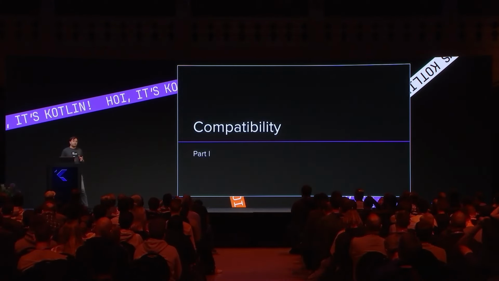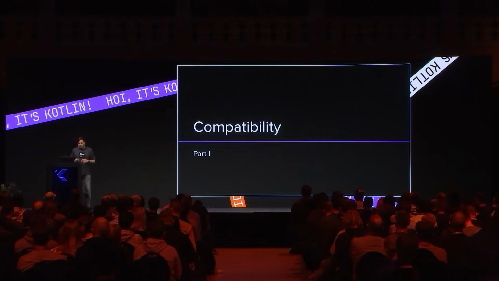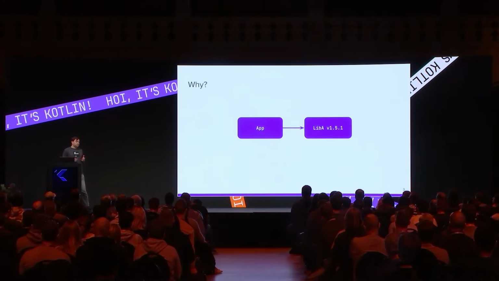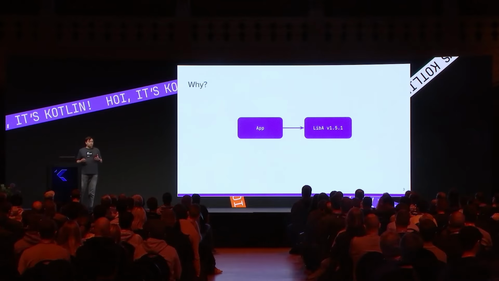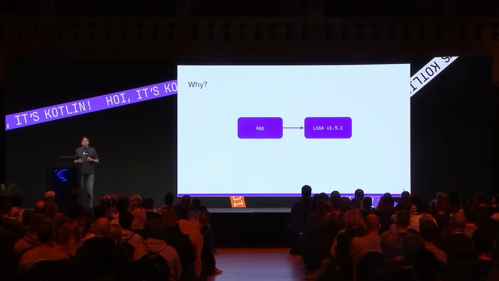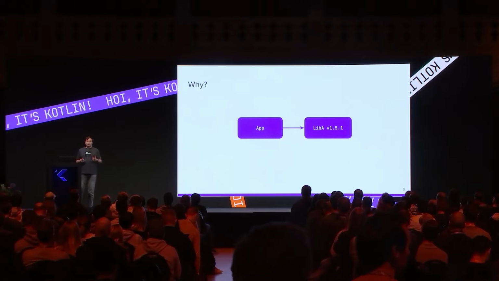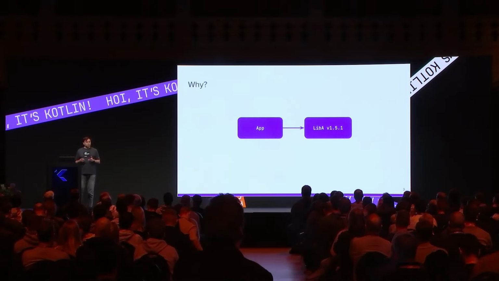So let's start with talking about compatibility. A lot of people may think about compatibility in this way. Let's say we have some library A that has some version like 1.5.1, and we have an application that depends on this library.